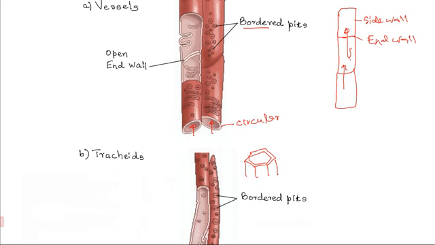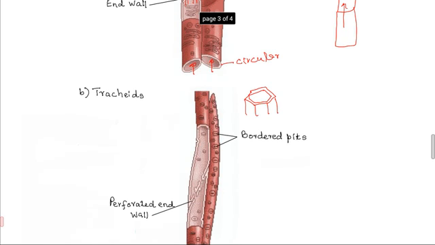Secondly, in the vessel, the end walls are completely broken down so that there is a free flow of water and mineral salts from one element to the other. But in the tracheids, the end walls are present and perforated, so water and mineral salts must pass through the pores.